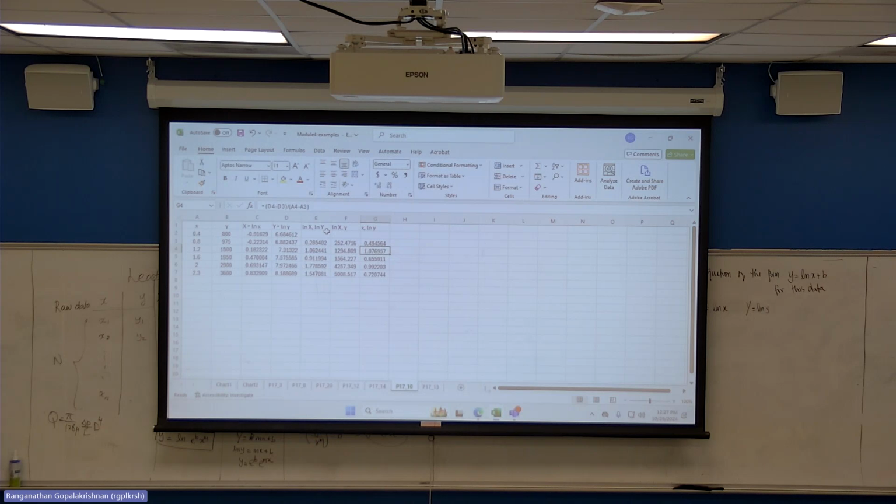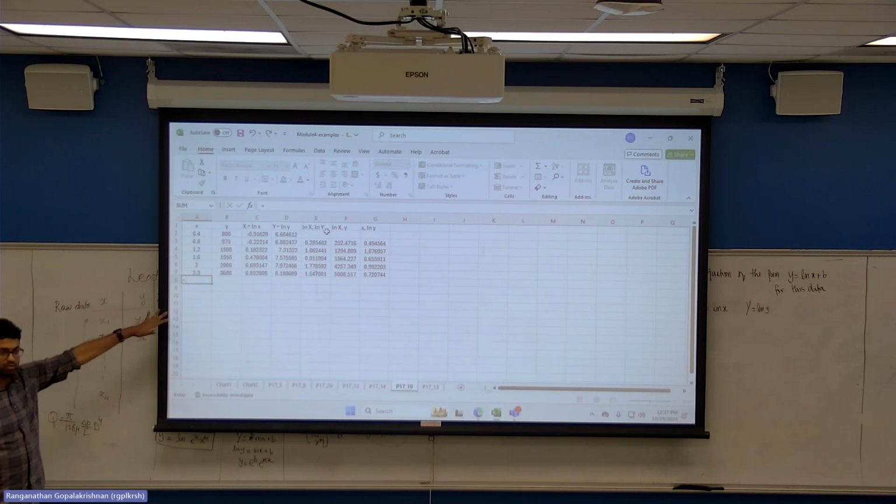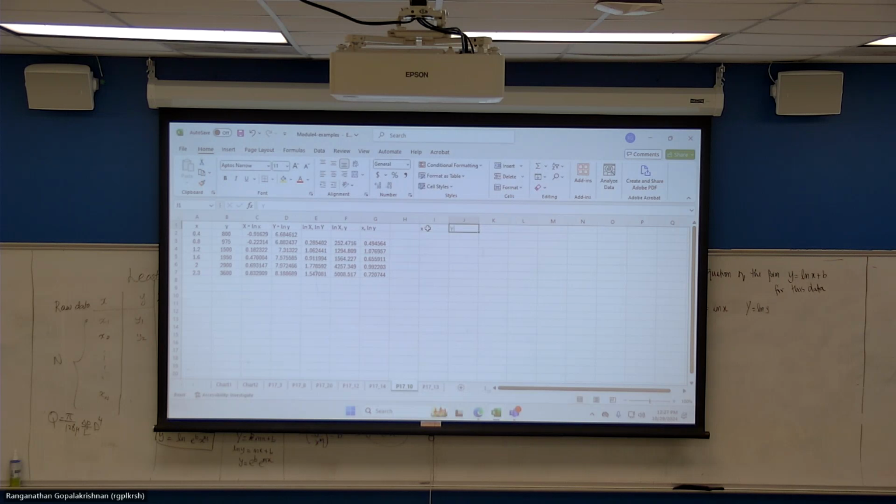By the way, remember only this table is provided to you, and the corresponding sums, that is sigma X, sigma Y, everything will be given to you. Now you want to write X and ln Y. X is here, ln Y is this.